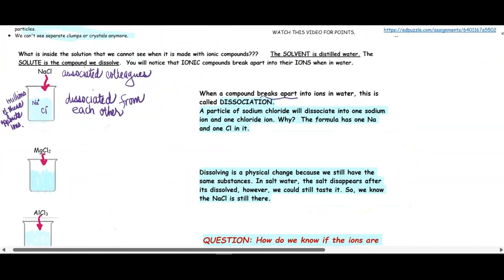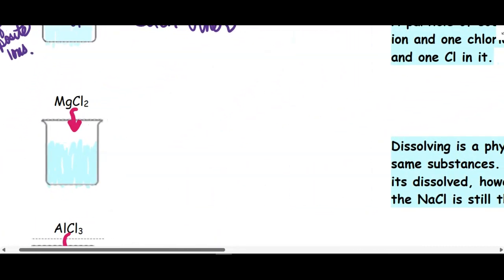This is not a shock, is it, that an ionic compound would break down? Now, the formula of magnesium chloride is MgCl2. For every one magnesium ion, there are 2 chloride ions. So that means when this is dissolved in solution, we have 3 ions. We have a +2 magnesium ion, we have a chloride ion, and then we have another chloride ion.